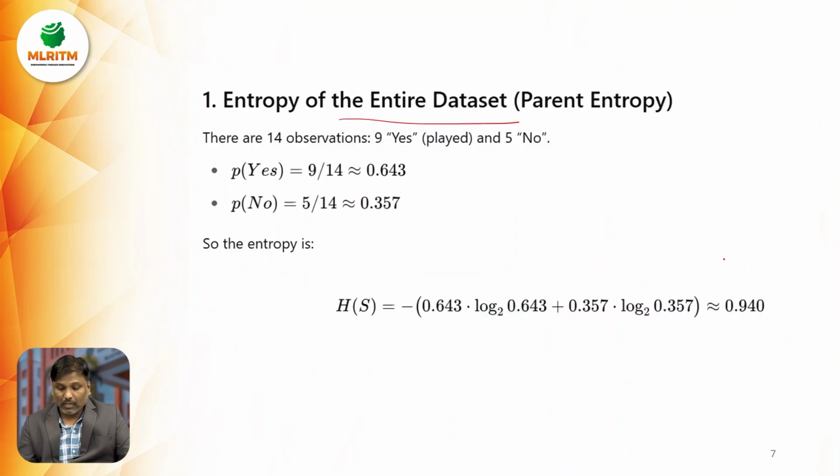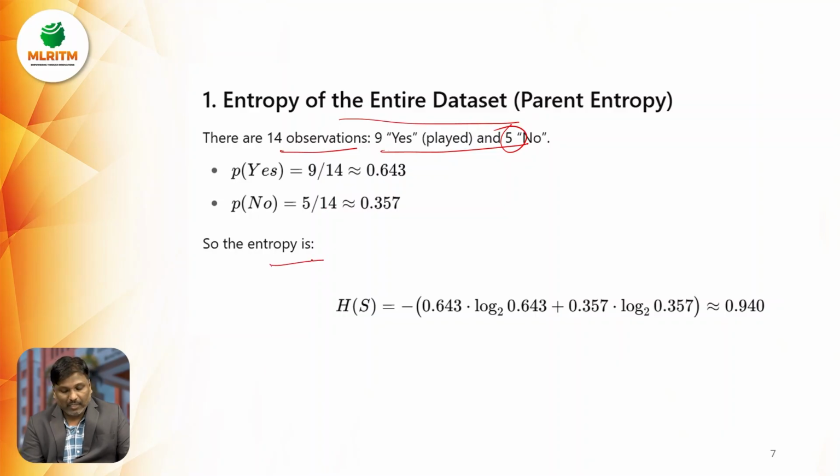Now I try to find the total entropy for my entire data set. Out of 14 observations or 14 days, 9 are positive, played, and 5 are no. Now I find the probability: probability of play tennis yes equals 9 by 14, and probability of no equals 5 by 14, since 5 are negative.